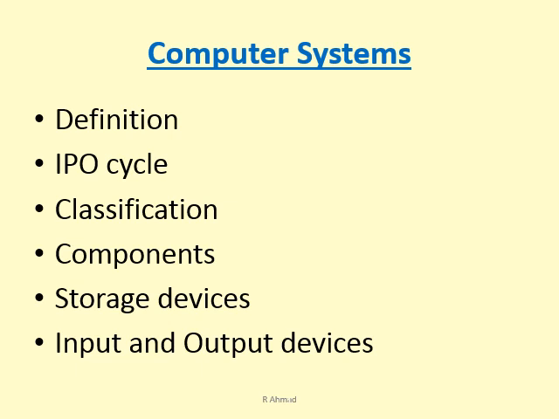And this CPU is further divided into three parts: memory unit, arithmetic and logic unit, and control unit. Apart from these main blocks, input, CPU and output, we have one more block at the base of the CPU, known as the secondary storage device, where we store our data on an external device.